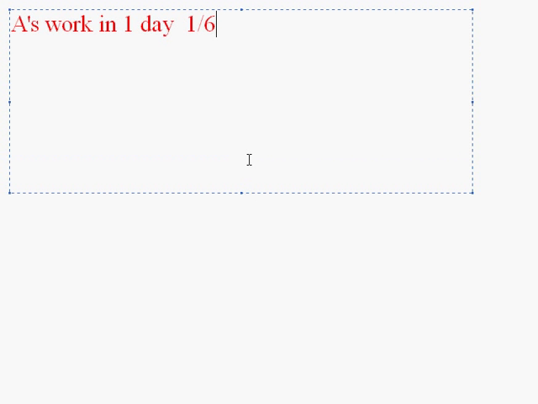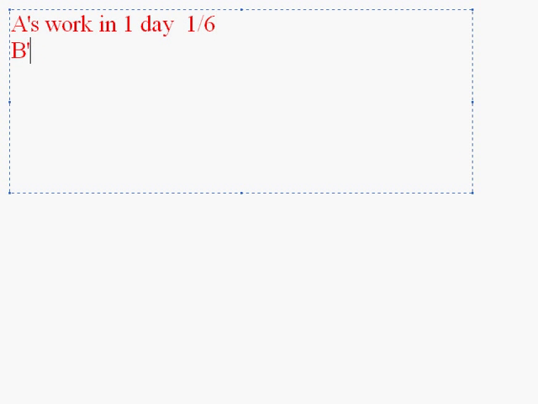So now what we can write here is A's work in 1 day will be 1 upon 6, because A is able to complete the whole work in 6 days, so in 1 day he will be doing 1 upon 6 of the total work, right?